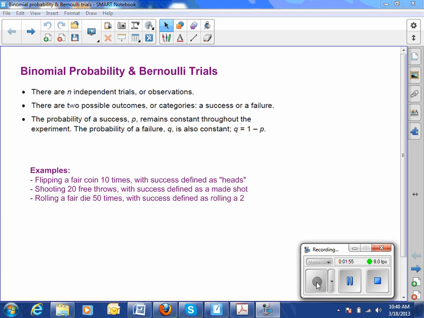We'll see some more interesting examples later on, but for now, just an introduction. And then the last qualification for a Bernoulli trial is that we have this probability of success. If we call that P, then since there are only two outcomes, the probability of failure is 1 minus P.